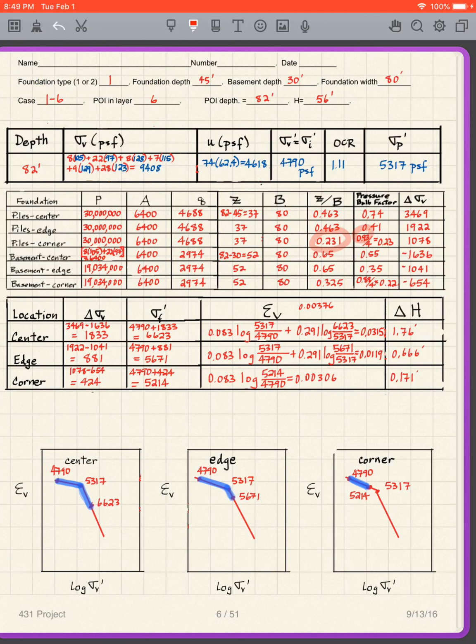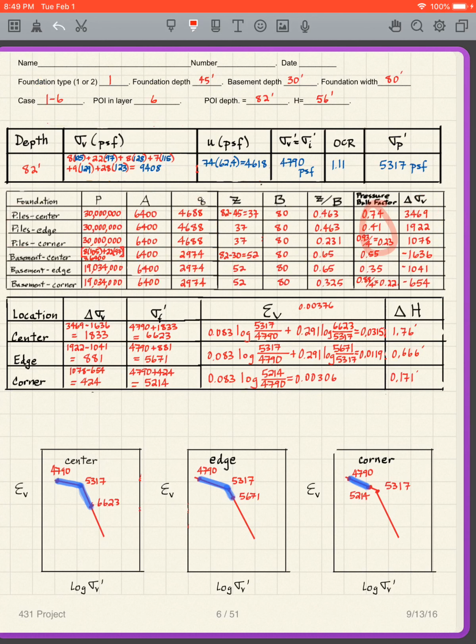But then I have to divide it by 4 because it's the corner, if you remember that trick. So these give me my pressure bulb factors here. And then I simply take my pressure bulb factor times my Q, and I get these values here for my delta sigma V. That gives me what's going on with the piles.